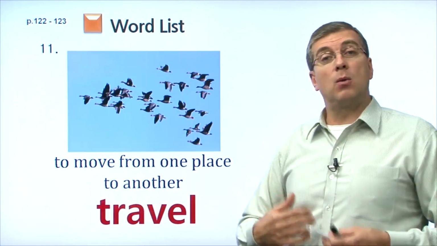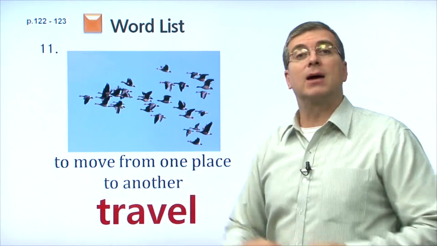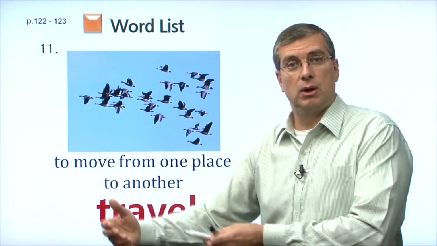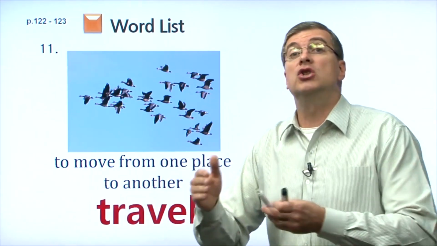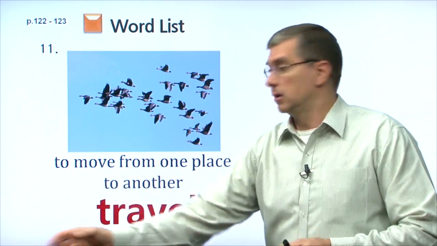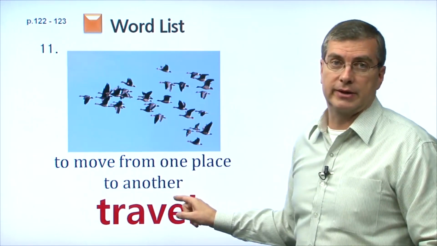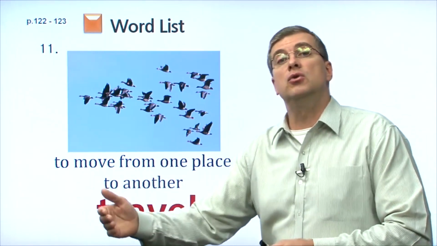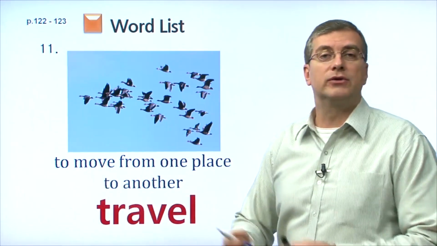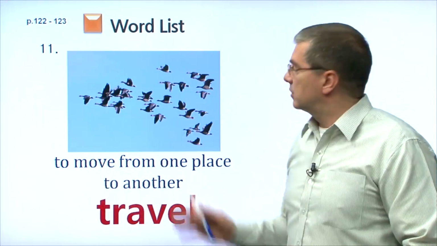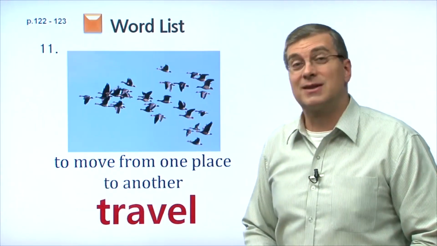So I want to go to America. I will travel to America. Travel to somewhere. Move from one place to another place. I will travel to another country. So these birds are traveling south.